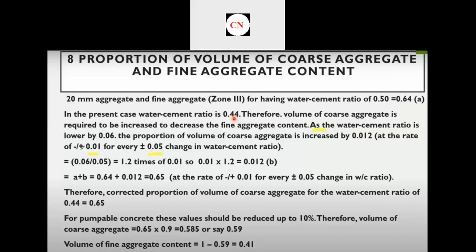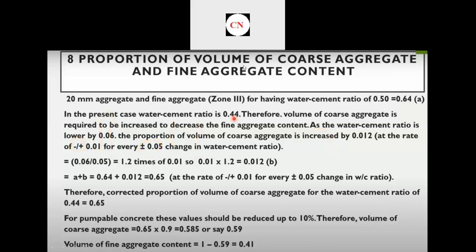You can see the sign convention here, plus or minus. Whenever the water cement ratio is increased, this proportion has to be reduced. Whenever the water cement ratio is decreased, this proportion should be increased. In our case the water cement ratio is decreased, so we have to make a corresponding increase in the proportion.